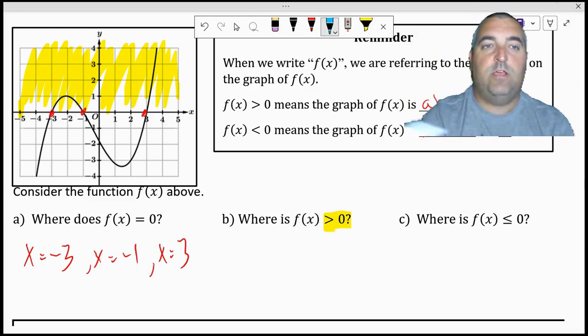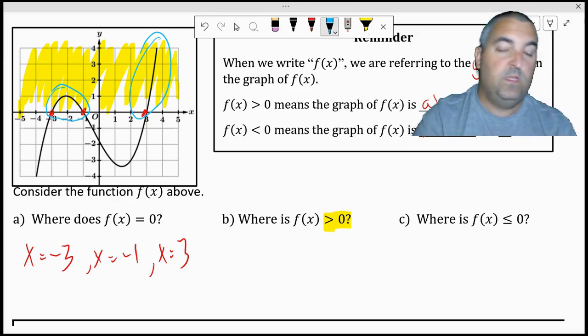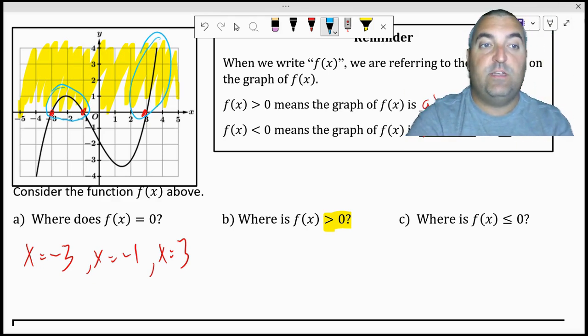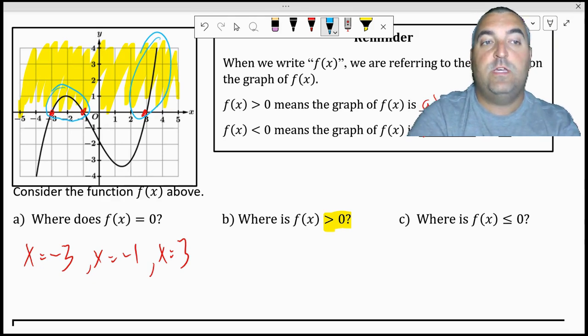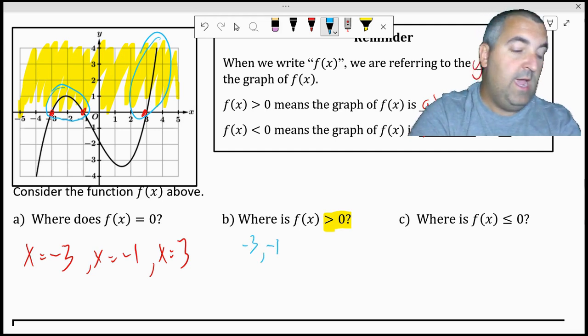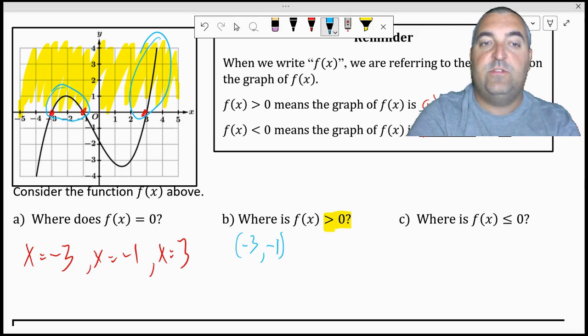We don't care about anything else, which is this section and then this section. So we are saying where, meaning the x values. If you look, it starts at -3 and goes to -1. And because it's not or equal to, you're going to use parentheses. That's for that first section.